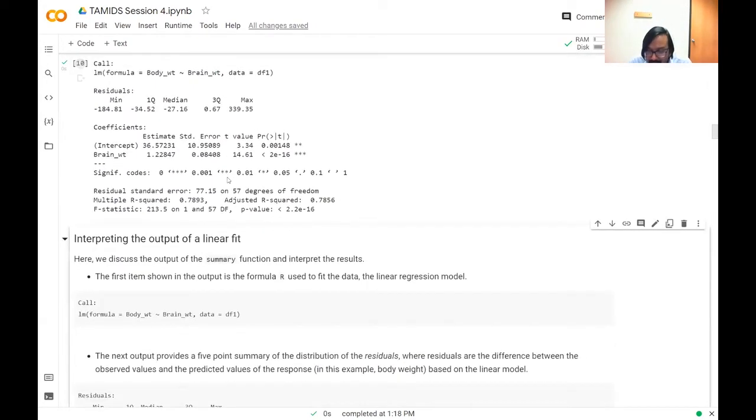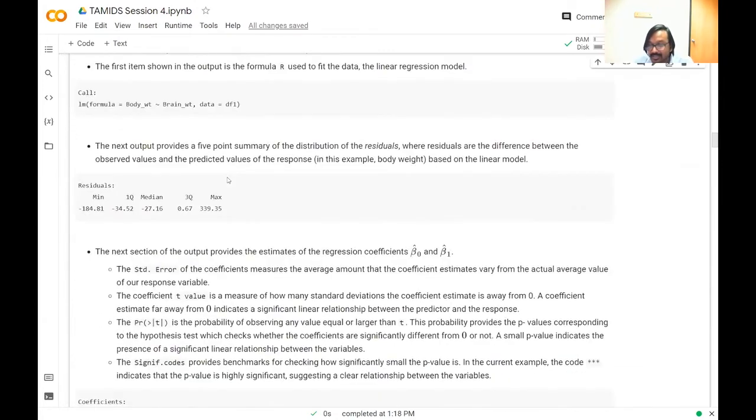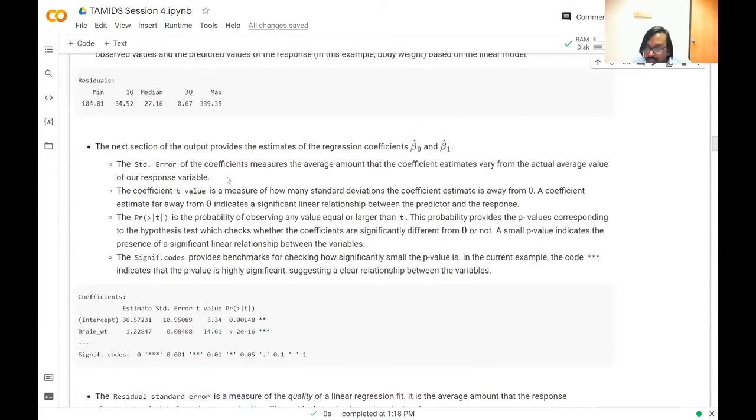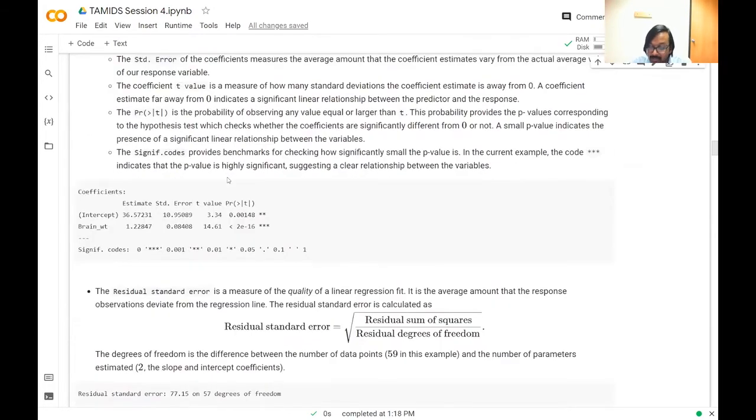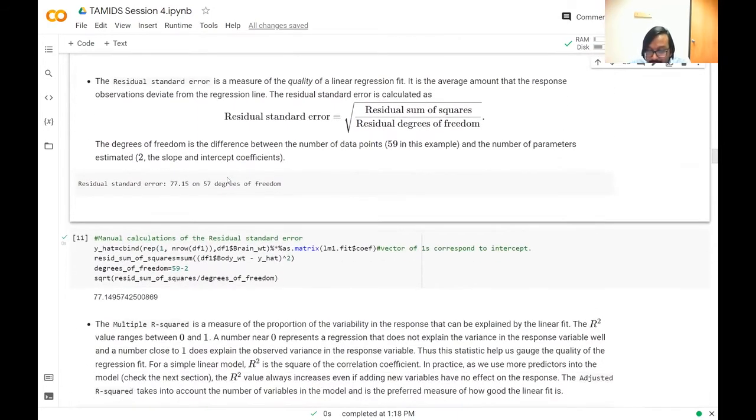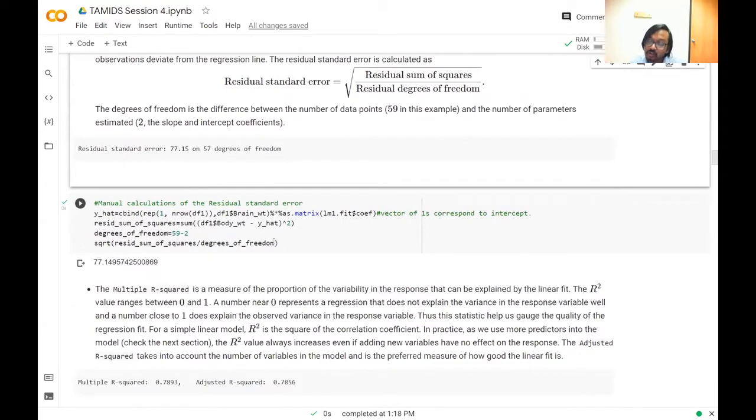So the better I can explain how the value of the response variable varies, given the predictor values, the better my model is. So this multiple R squared is a measure of how much of the variability I can explain by only using the predictor and using the linear fit.